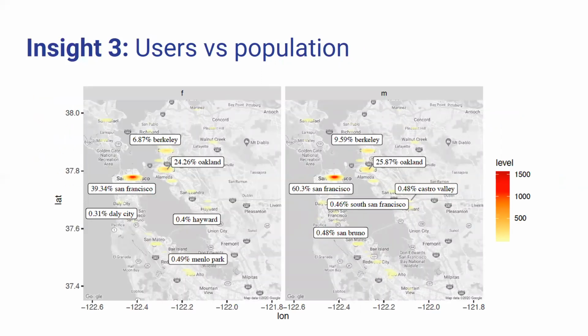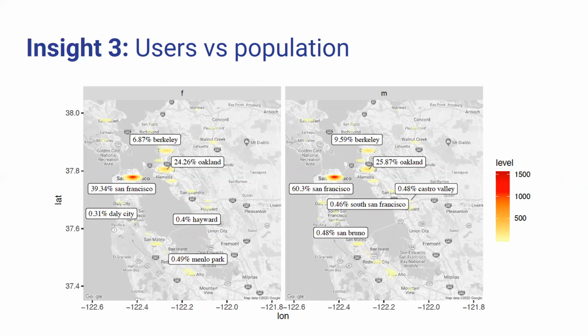Yes, this is the distribution of the users. On the left, we see the female usage, and on the right, we see male usage, as a percentage of the users versus the population.